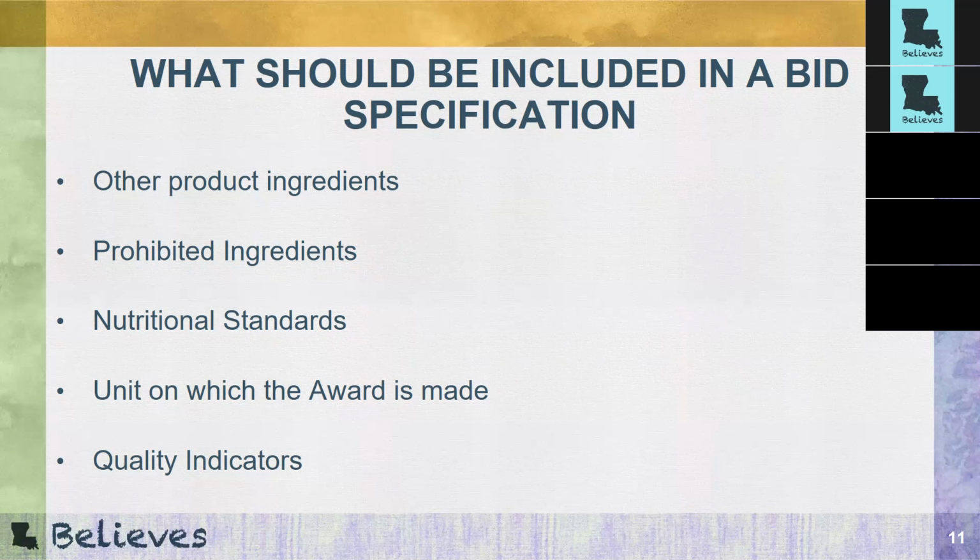There are other items that need to be included in the bid specifications, such as prohibited ingredients, nutritional standards, the unit on which the award is made, and other quality indicators.